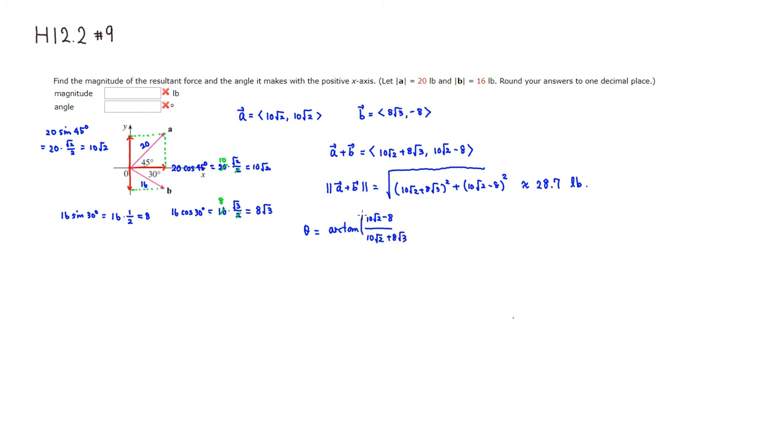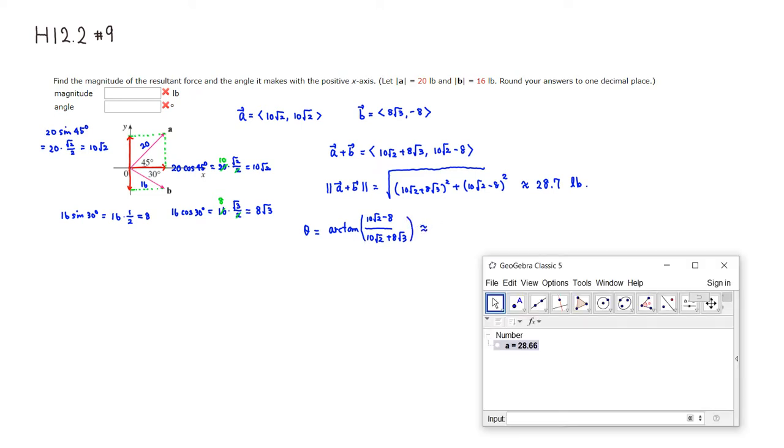Of course, I can't do this in my head, so I'm going to use GeoGebra again. The arctangent, then the numerator is 10 square root of 2 minus 8, and the denominator is 10 square root of 2 plus 8 square root of 3.